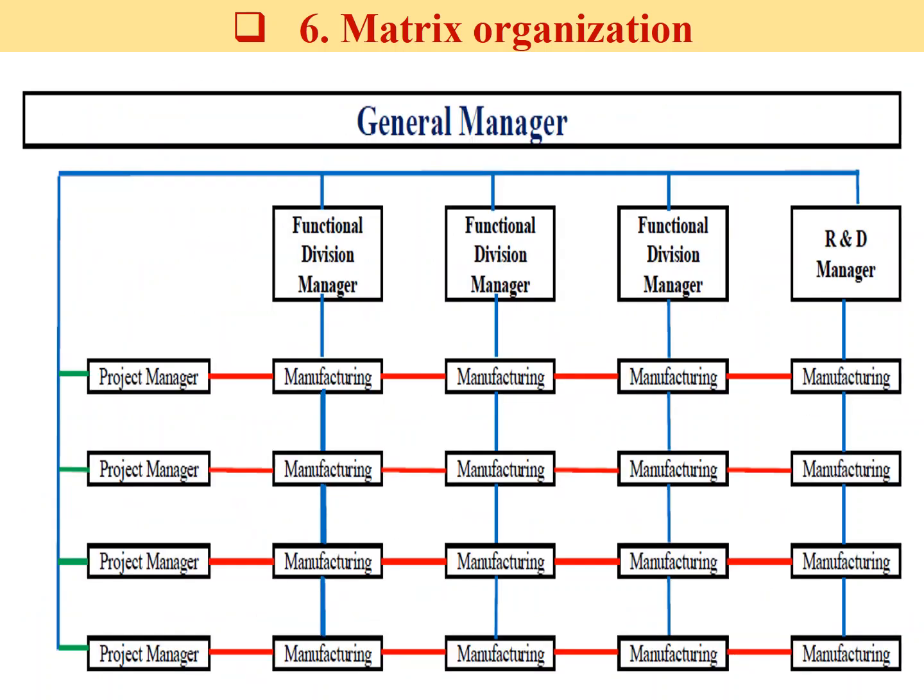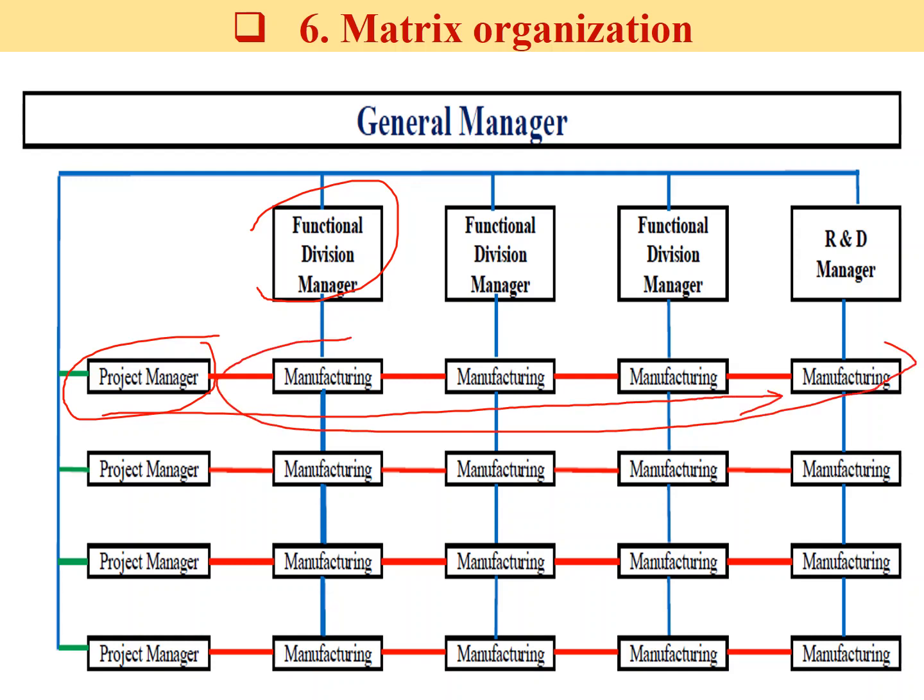So see, this is the general manager. Here is the manager, and this is also a manager. This is for the one project they are working on. This team is also working for one project. Here one project, another project, another project. This team has to work under both of these. This is the specialized manager.